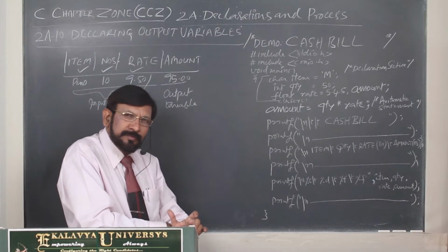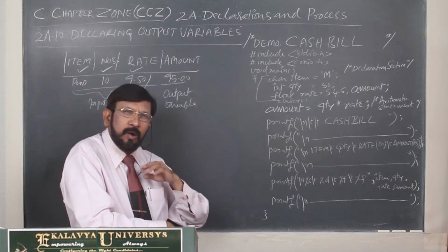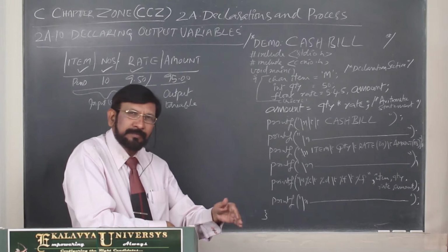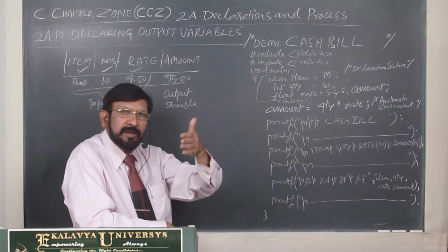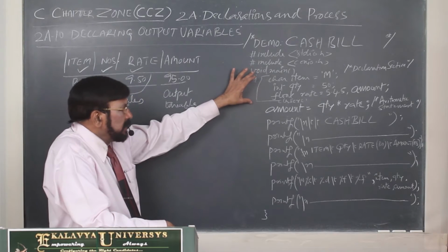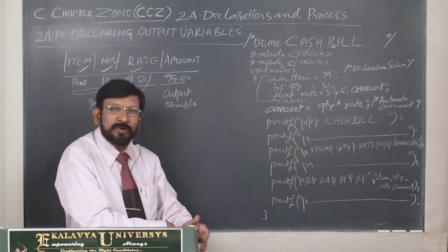Whatever variables the program uses, regardless of their number, should be declared. They may be input variables or output variables. All of them should be declared first in the declaration section. Thereafter any other code can be written.